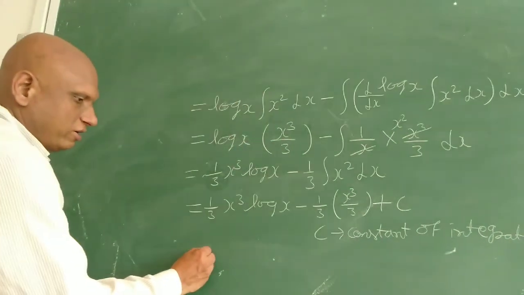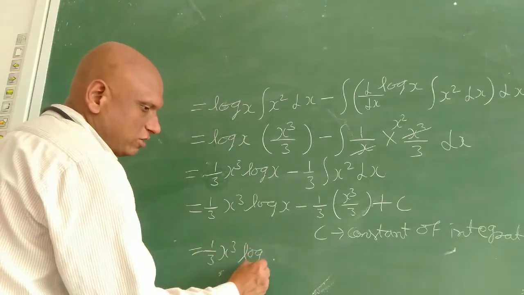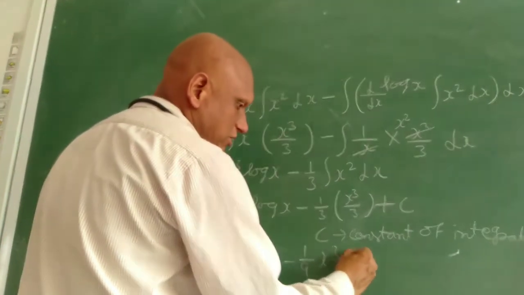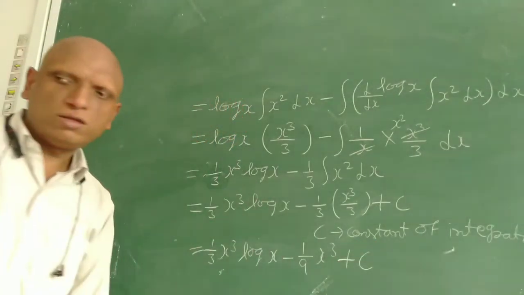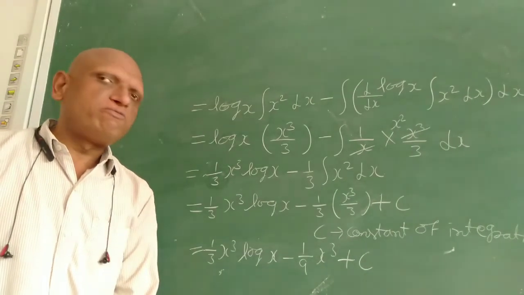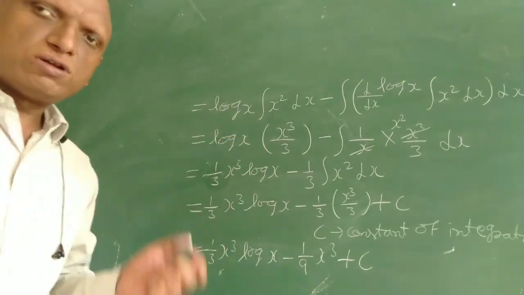Therefore, we can write 1 by 3 x cube log x minus 1 by 9 x cube plus c. Right? Now, in these two examples, we understand which one is the first function and which one is the second function. Thank you.